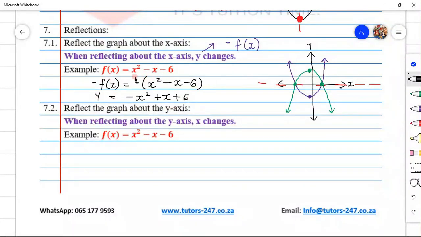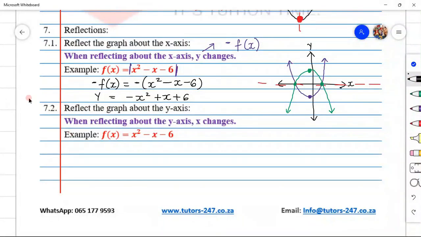So we've multiplied our entire function by negative. Because keep in mind, this whole function represents the y value, because we have f of x equals, which is the same as saying y equals. So y is equal to this whole function. That is why we multiply the whole function by a negative, because that is changing the y value.